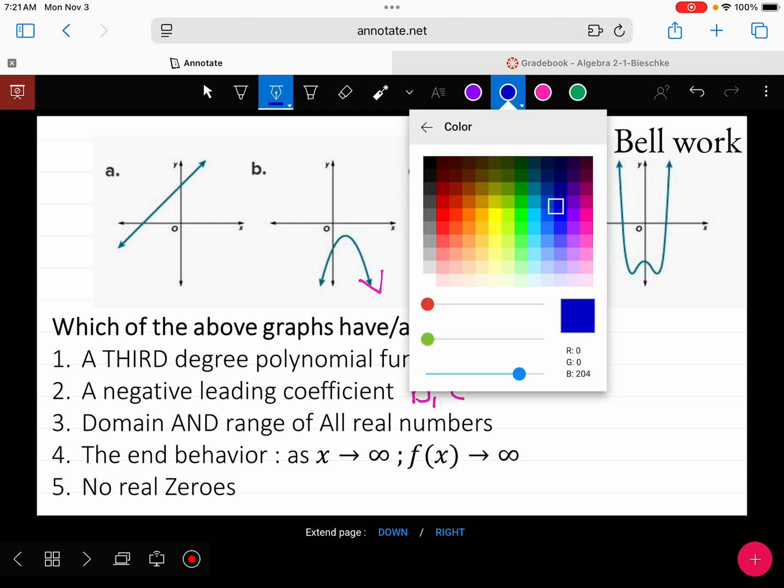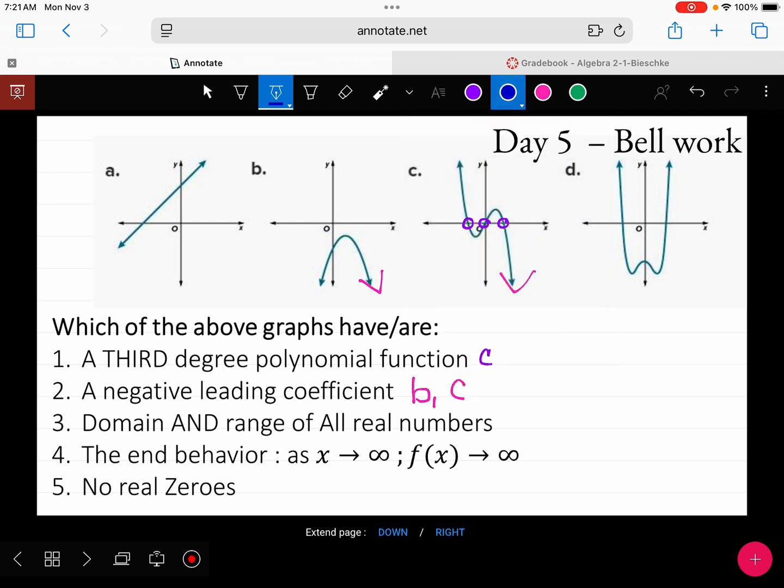Which of these graphs have domain and range of all real numbers? This is slightly a tricky question because all of these have a domain of all real numbers, every one of them.